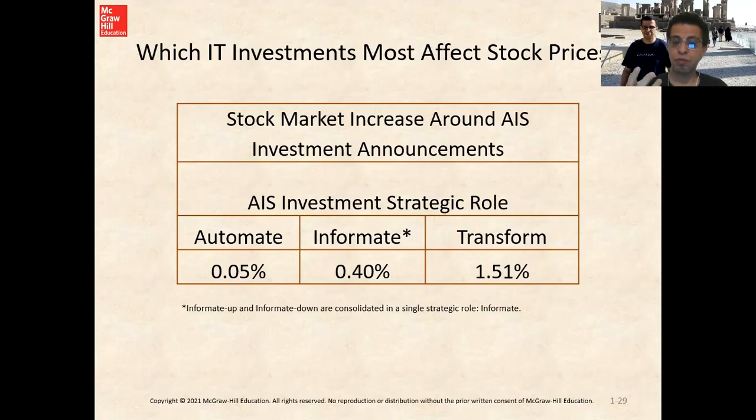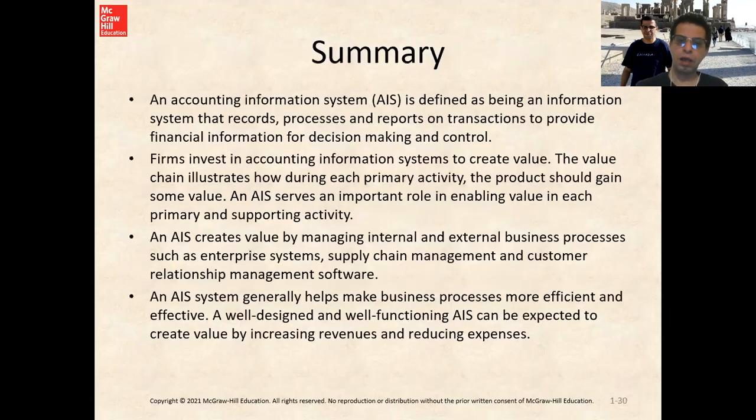But for informate it is 0.4%, and 1.1% when you are doing the transformation of your system from manual to technical.